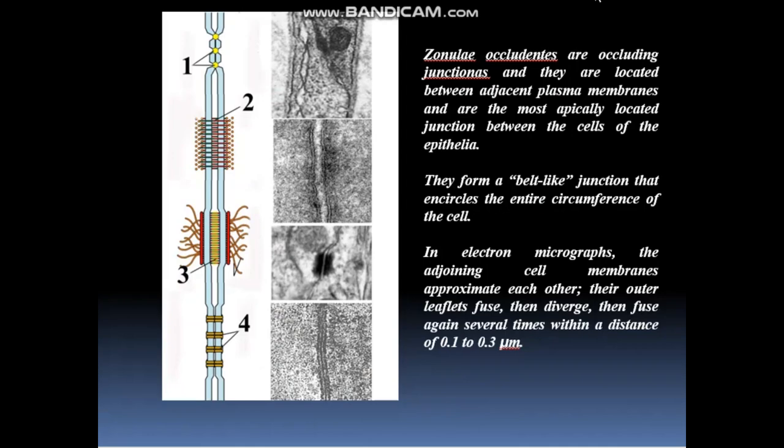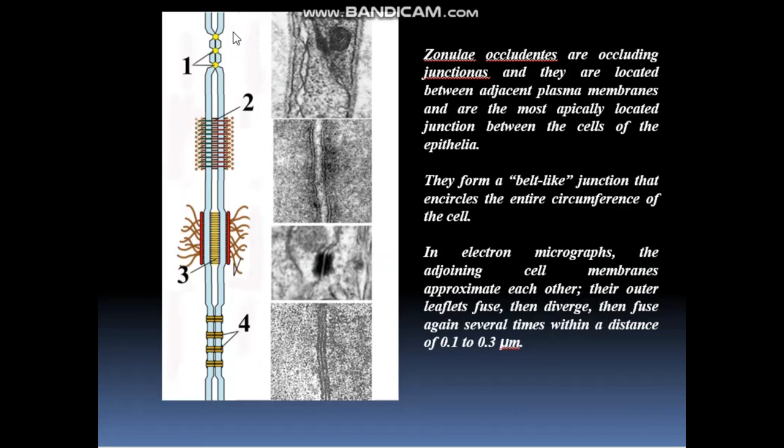Zonula occludens is the most apically located intercellular junctional complex, and it is formed by fusion of the outer leaflets of adjacent cell membranes. The fusion extends along the entire circumference of epithelial cells.